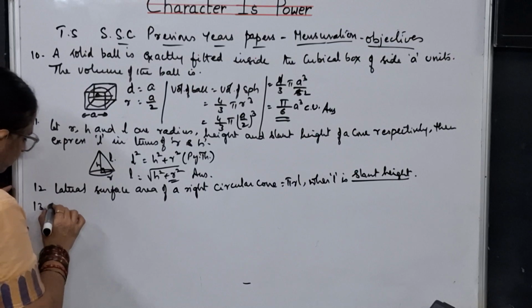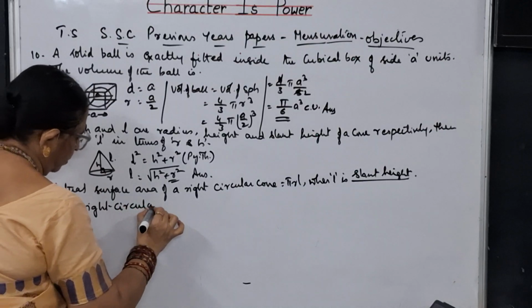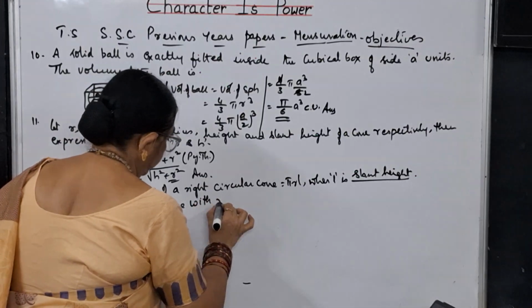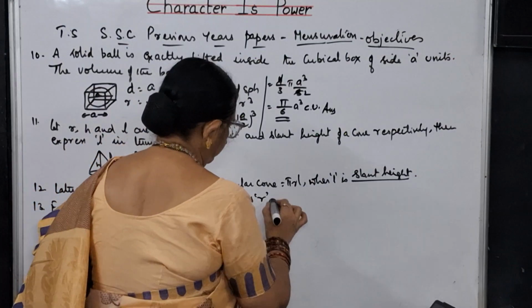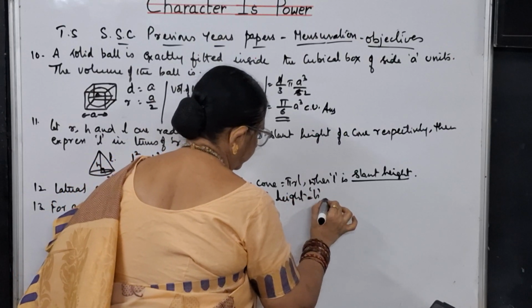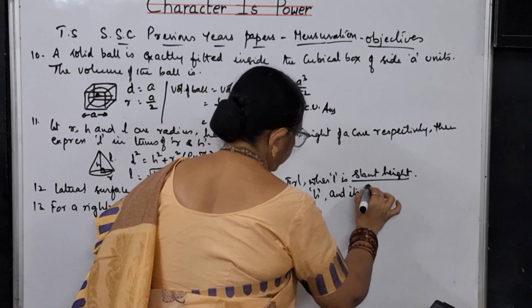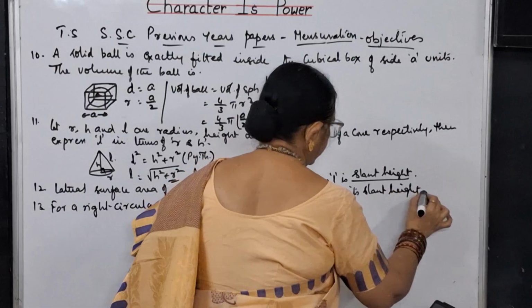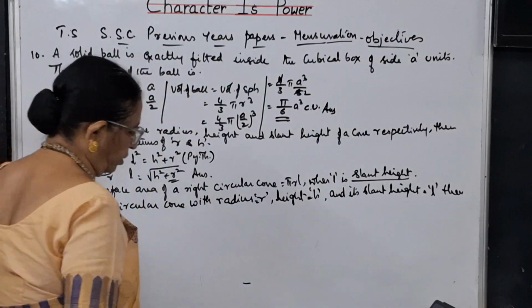For a right circular cone with radius r, height h, and its slant height is equal to L, then which of the following is not true?